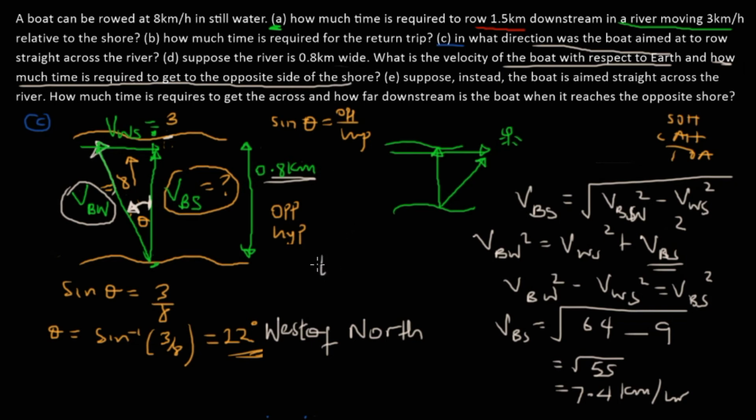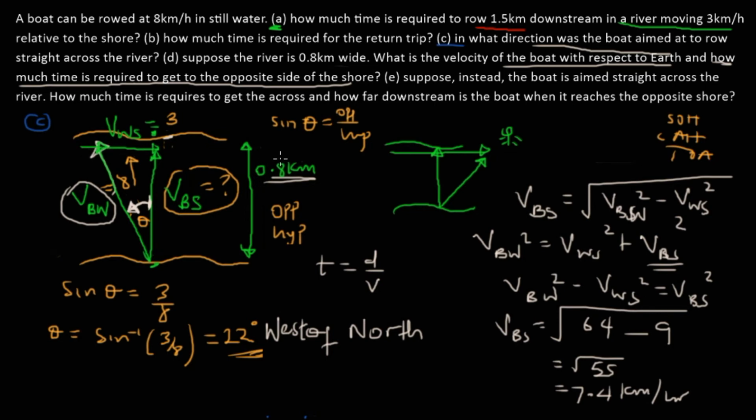Now, time is distance over velocity or speed, but I need you to note that out of these three velocities, which one will be required to move to the other side of the shore? This vertical velocity will be required. We cannot use VWS to move to the other side of the shore.